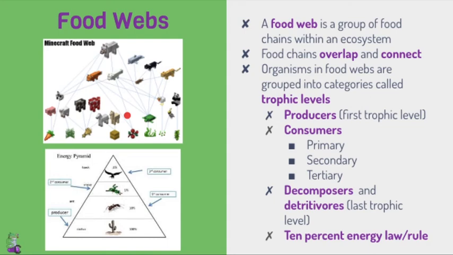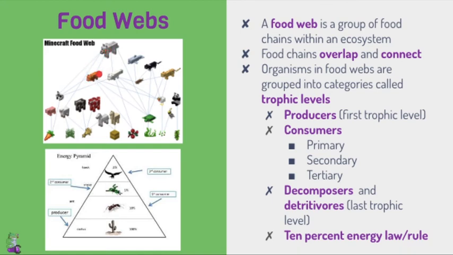So we have our wolf here, and wolves can be categorized as both, I suppose, tertiary and secondary consumers, because wolves can eat something like a fox, and foxes eat smaller animals, maybe like bunnies, and in real life, maybe like rats. So since our wolf is able to eat a secondary consumer, they'd be categorized as tertiary.